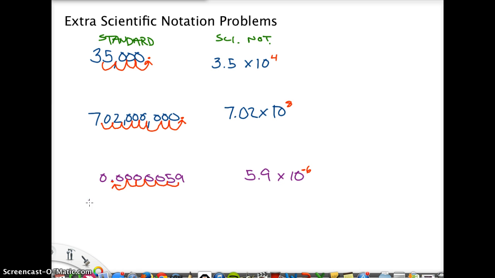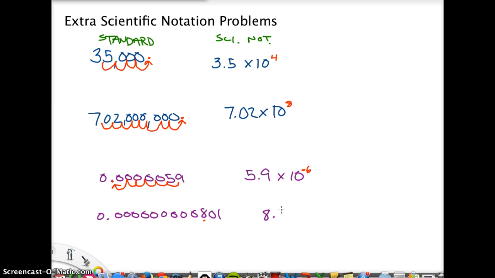Let's try one more small one. 0.000801. And so I'm going to put my first number that shows up. It says 8 in the ones place.